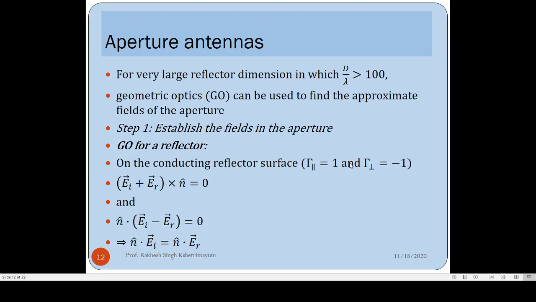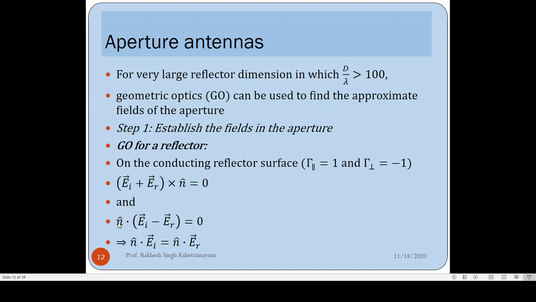So from these two conditions, you can find out the relation for the tangential component of the electric field and the normal component of the electric field. The tangential component of the electric field will be 0, and the tangential component of electric field is composed of the incident electric field and the reflected electric field. So (E_i plus E_r), where E_i is the incident electric field, cross product with the normal vector should be equal to 0. That means the tangential component of the electric field is 0 on a metallic surface.